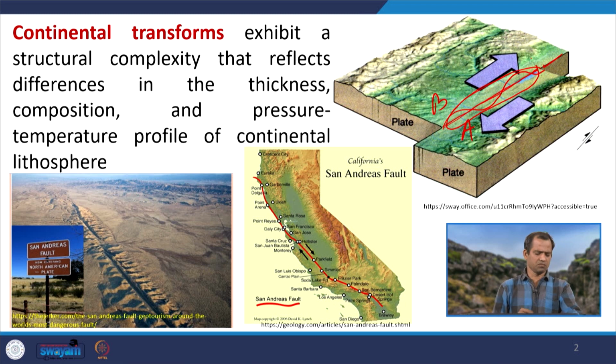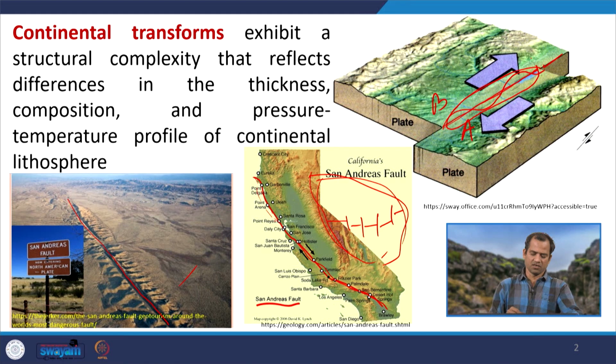If you see this photograph, that is the San Andreas fault, the most studied continental transform fault so far, and it is exposed and has become a tourist place. This is the San Andreas fault trace, which separates these two plates from each other. This side is the Basin and Range province in America, mostly characterized by horst and graben, an extensional tectonic regime.